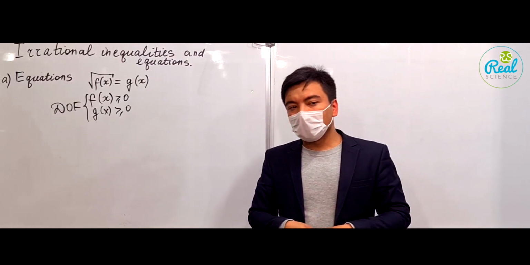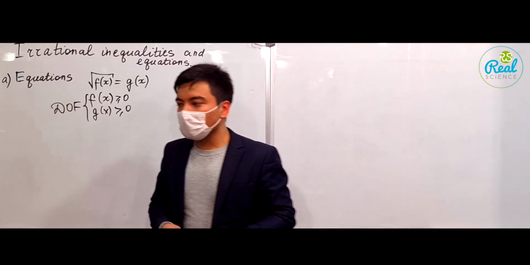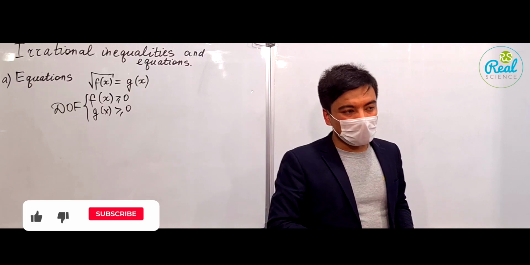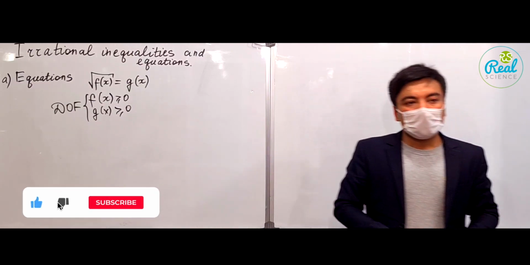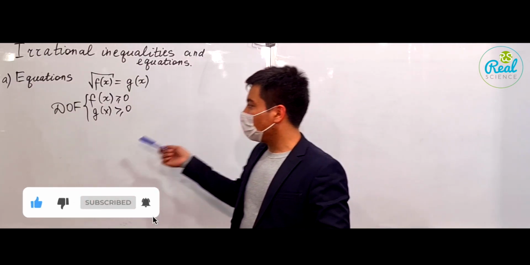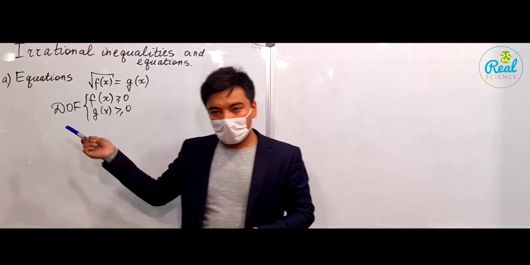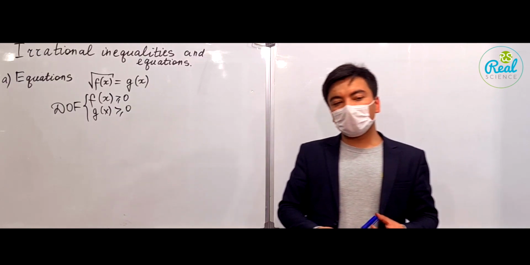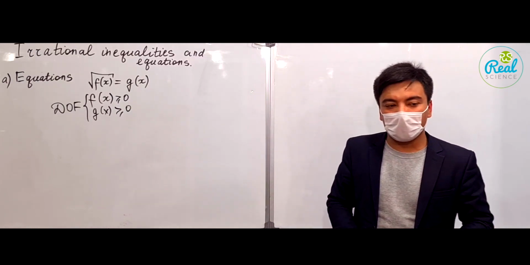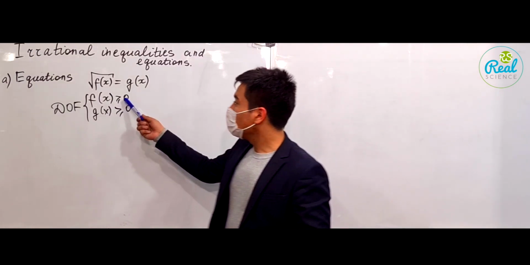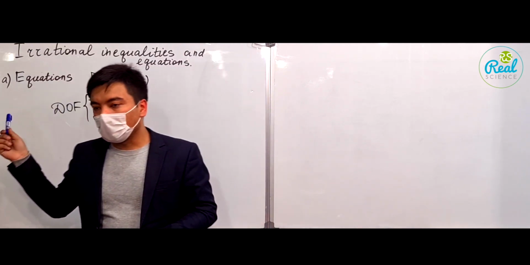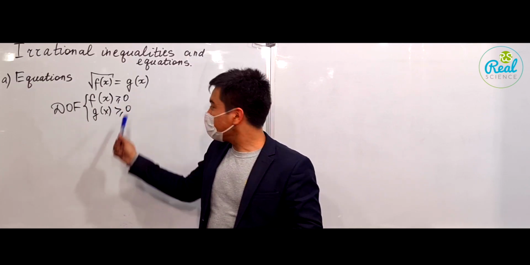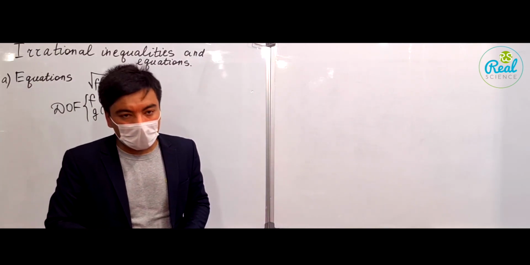Understand? And first of all, to solve this equation, we must find the domain of the function. Domain of function means the possible values of x. It means x must be inside of this domain. And here, f(x) must be greater than or equal to 0, because the answer of the square root cannot be negative, and the inside also cannot be negative.